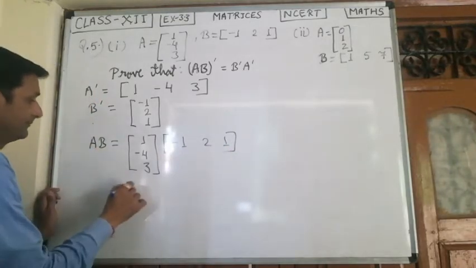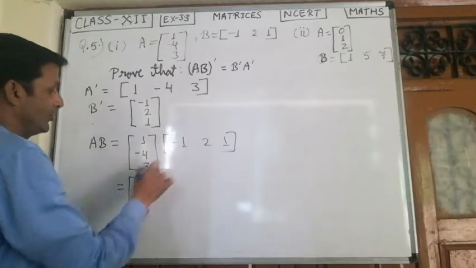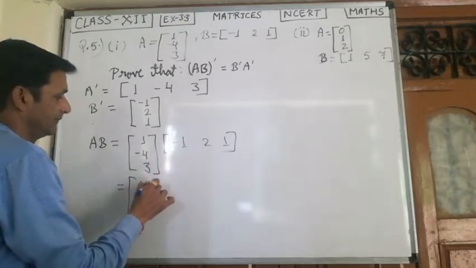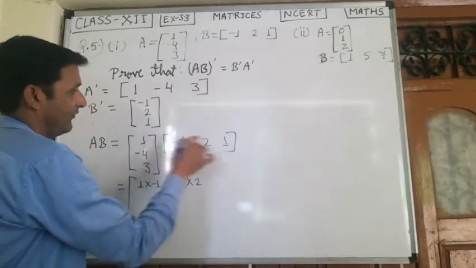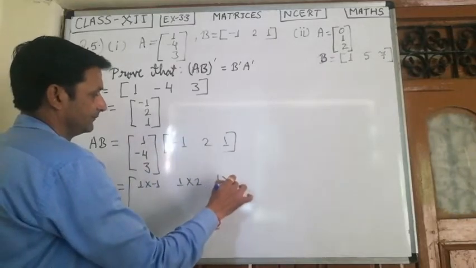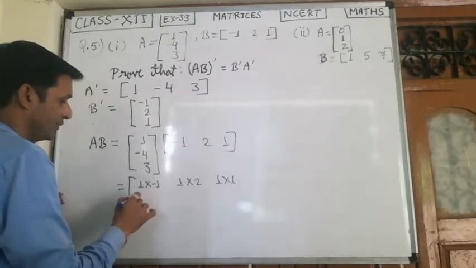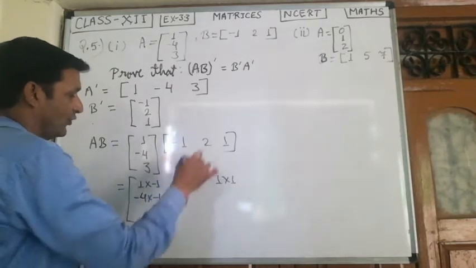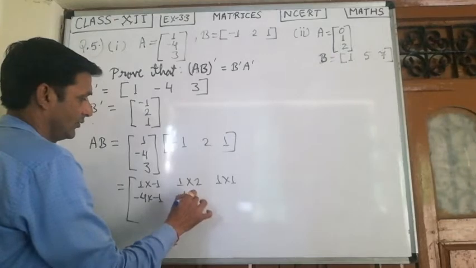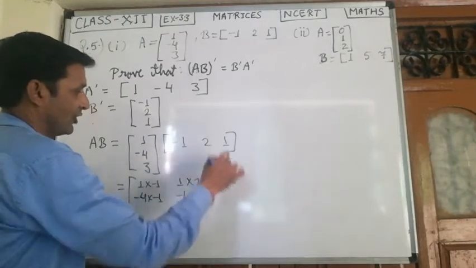So it will become 1 into minus 1, 1 into 2 and 1 into 1. Now minus 4 into minus 1, minus 4 into 2 and minus 4 into 1.